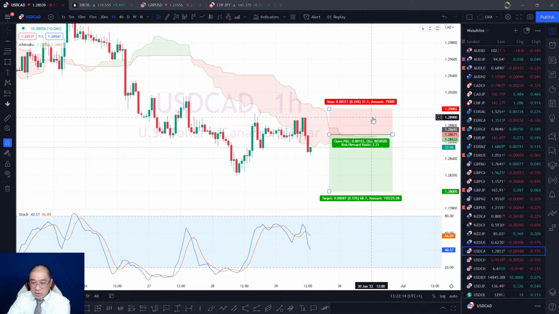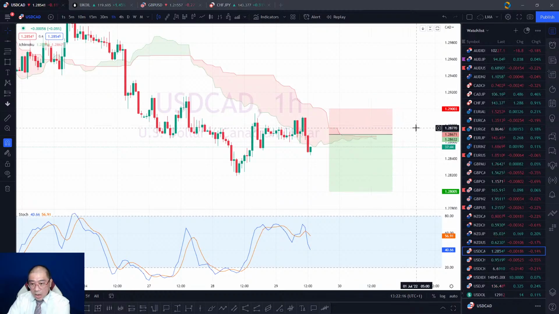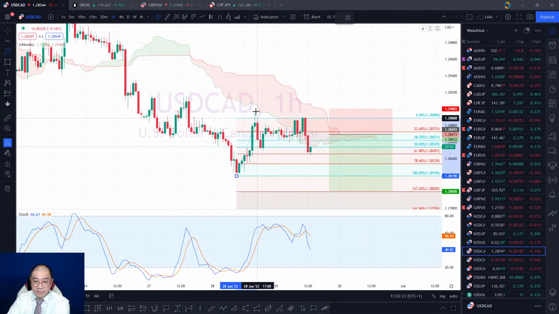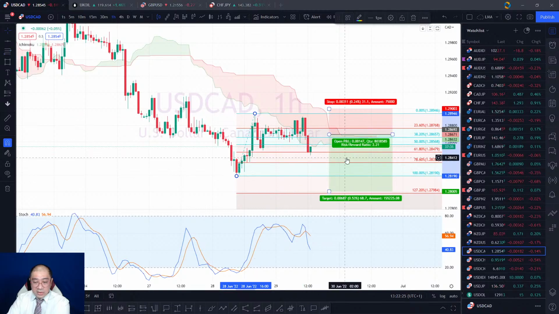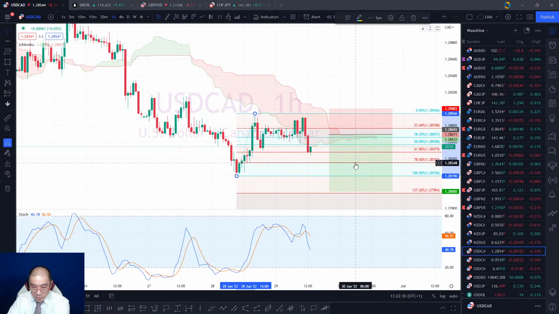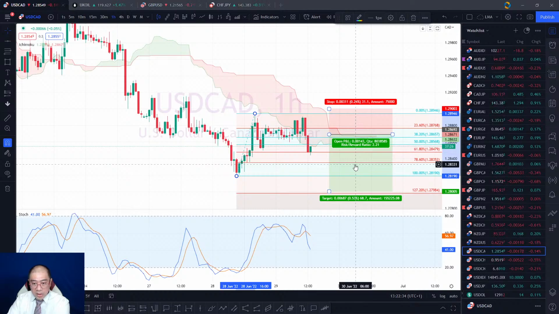Can your stop loss be adjusted to break even now? Let's see. You're probably still going on by this fib. That's already at 61.8. Your break even is actually at 38.2. I think it would be a great idea to move your stop loss to break even once this hour closes. So just give this hour a pass.